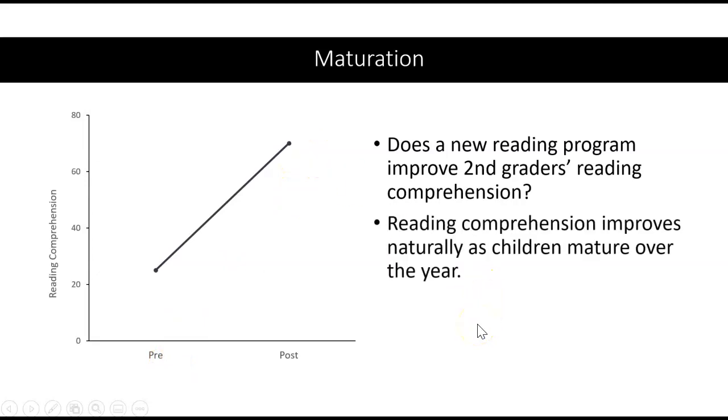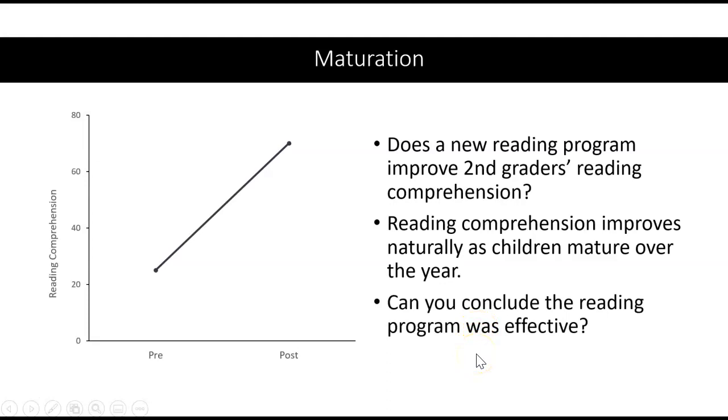Well, what we know, though, regardless of whether they are in this program or another program, reading comprehension tends to improve generally, regardless of what kind of program, as children mature across a school year, assuming basic levels of competent teaching. So we don't know for sure whether this is just a maturation effect or if it's the actual program. So what you would need is a comparison group, obviously. So that's a maturation effect.